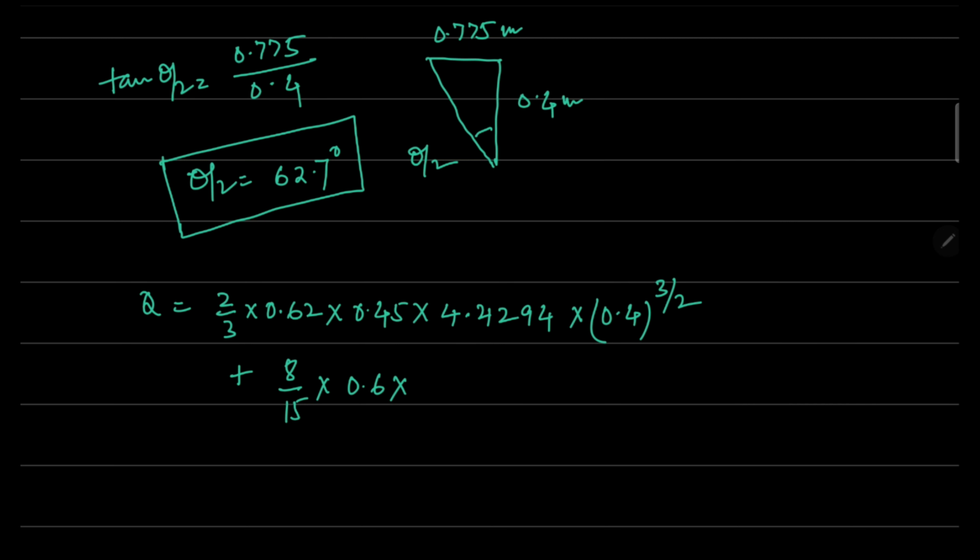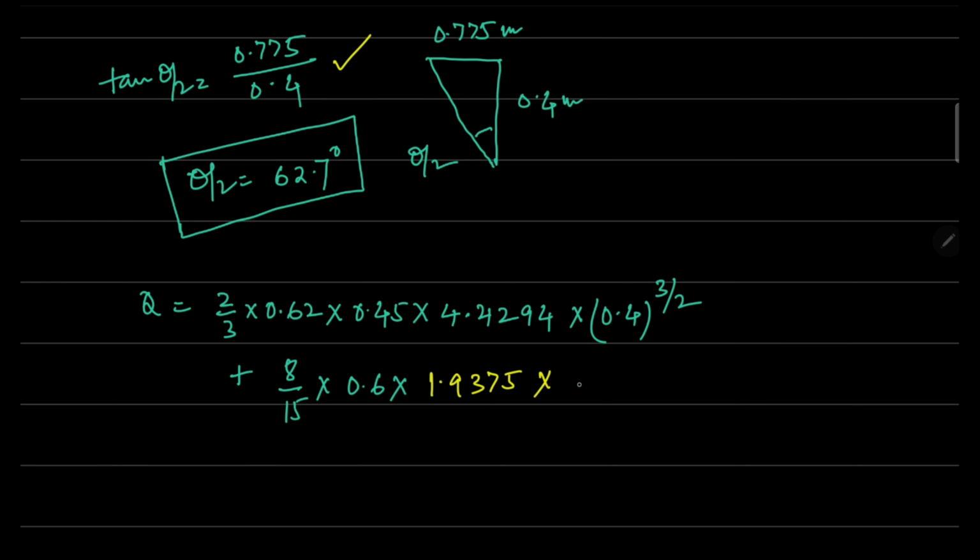We have already figured out that tan theta by 2 is coming out to be this value, so we need not put in theta by 2 equal to 62 point something again. This value, 0.775 divided by 0.4, is 1.9375.